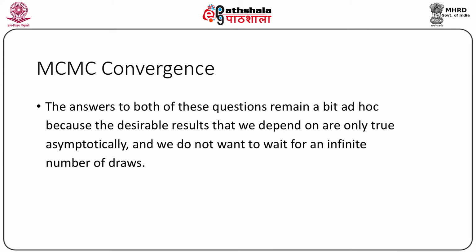The answers to both of these questions remain a bit ad hoc because the desirable results that we depend on are only true asymptotically, and we do not want to wait for an infinite number of draws.